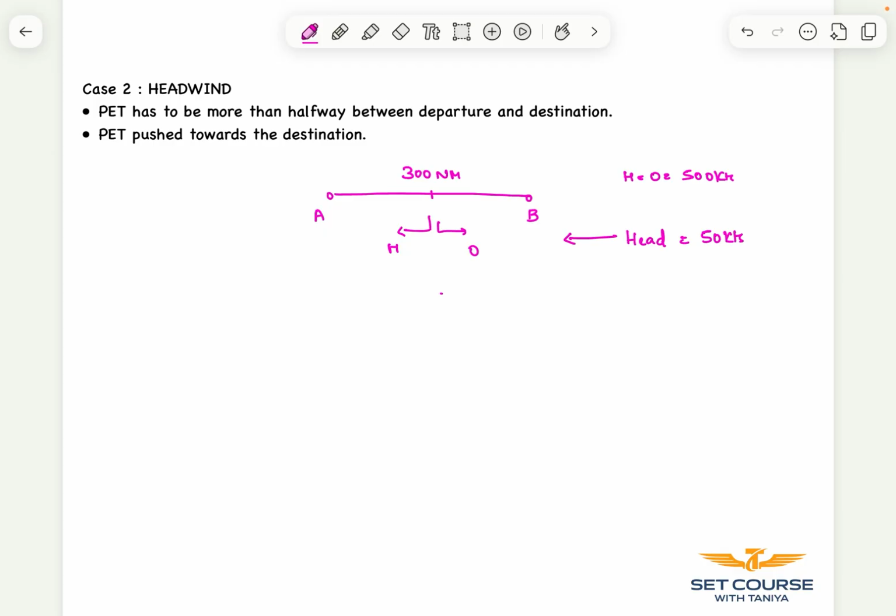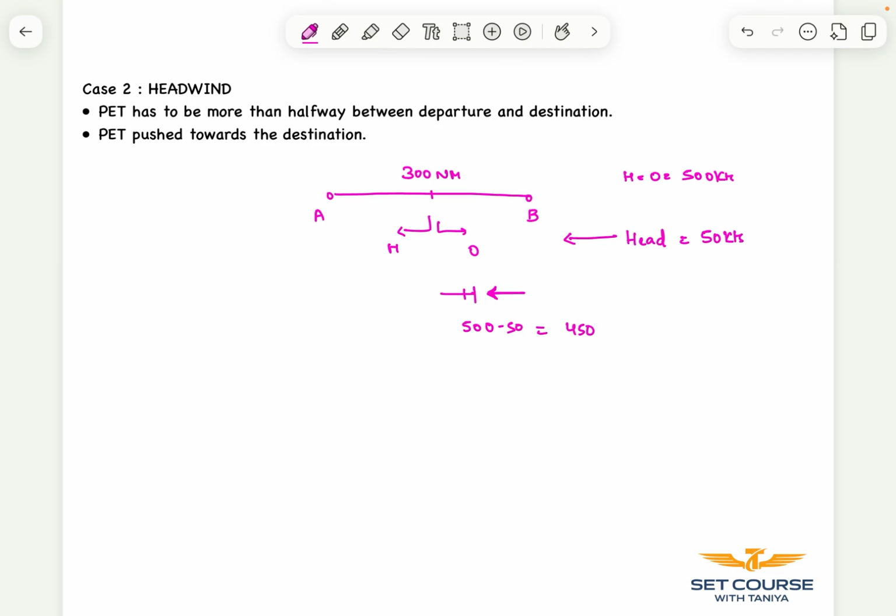Now once our aircraft is moving towards destination B, our ground speed would be 500 minus 50, which is 450, as we are getting the wind straight towards the nose of the aircraft.